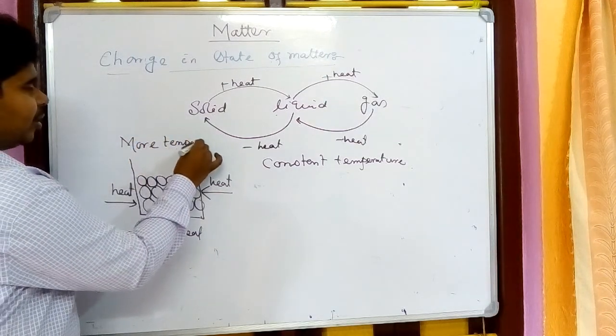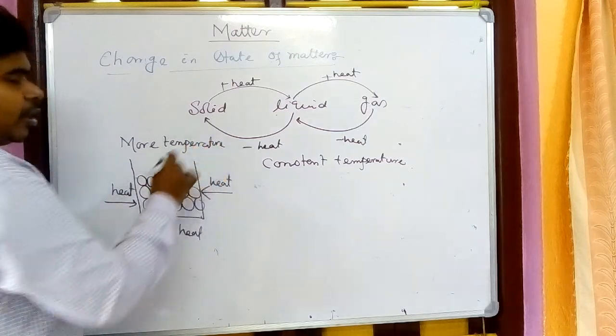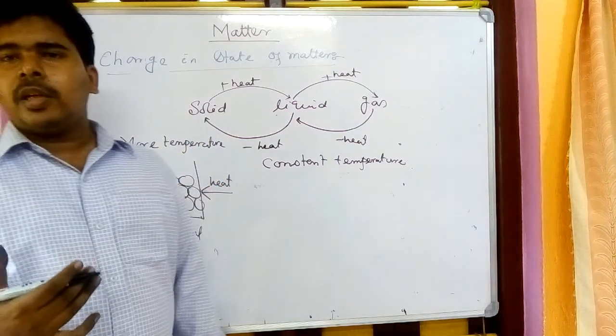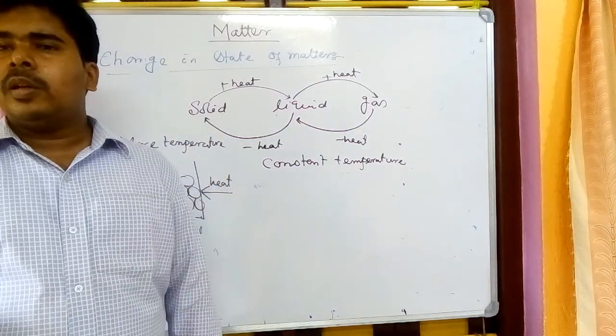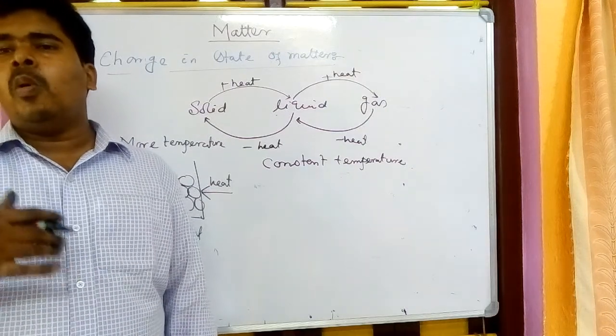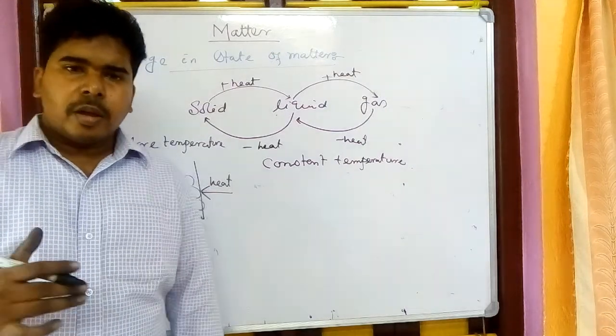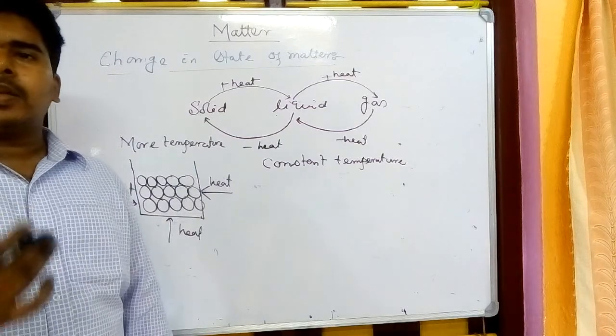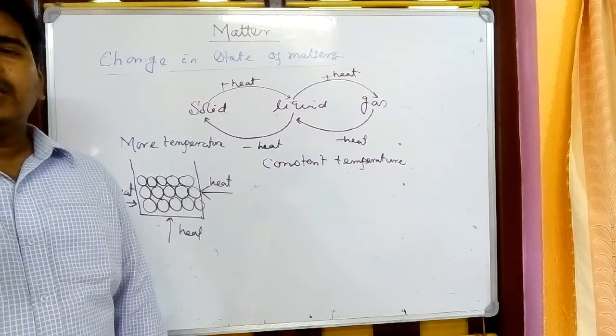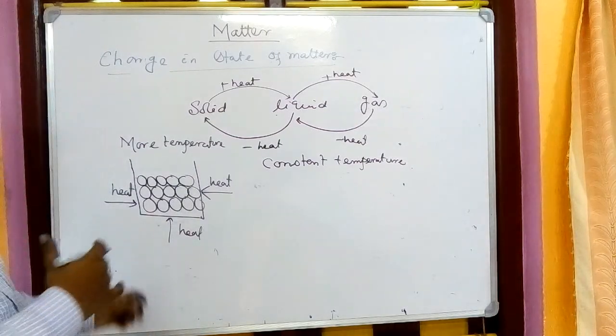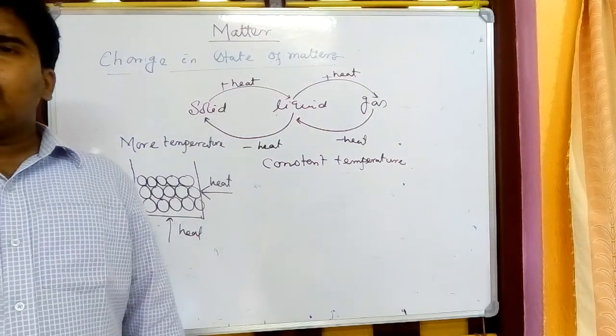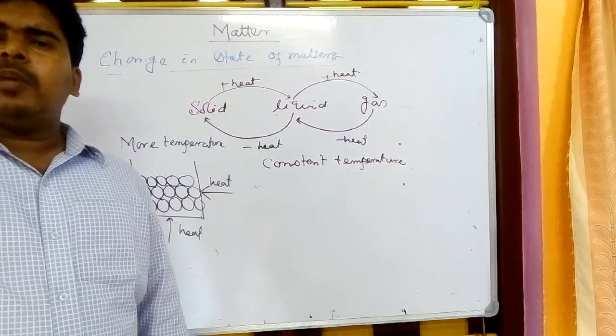Try to understand it. It is a very interesting concept. If you give more heat energy, more vibration, more temperature. So the temperature will increase as you give heat energy to a solid. But it will reach an ultimate point.